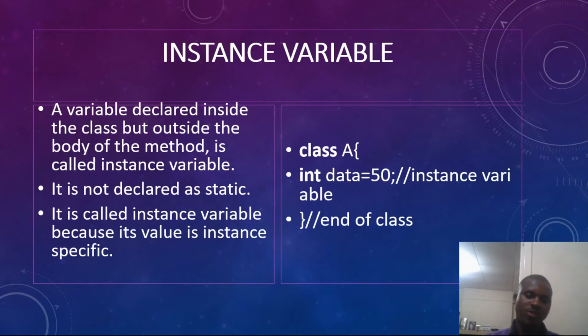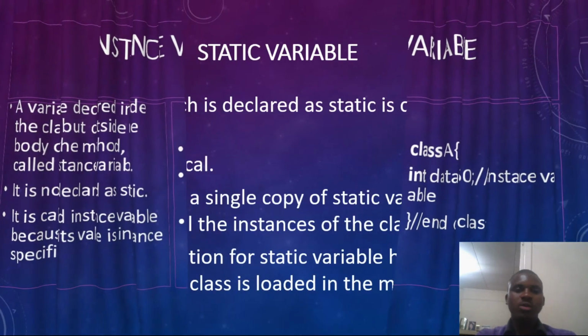You have to know that instance variables are used by objects, or they define the state of an object. Like, if it is a person, is it a male, or what is his name or her name, all those things.